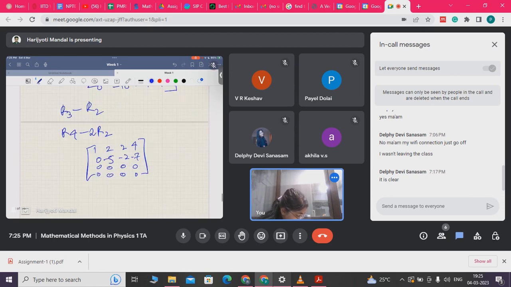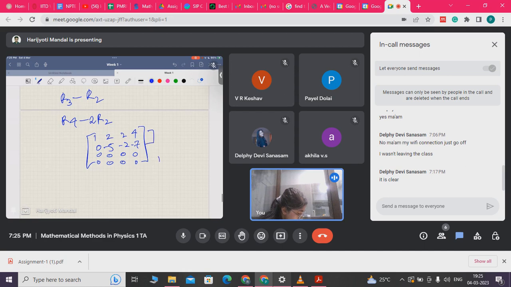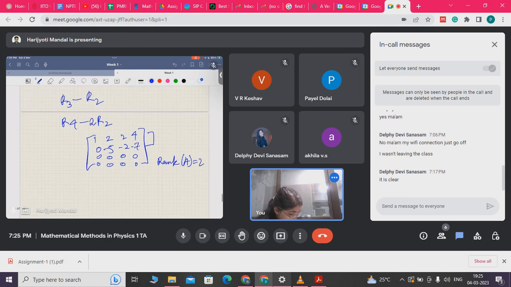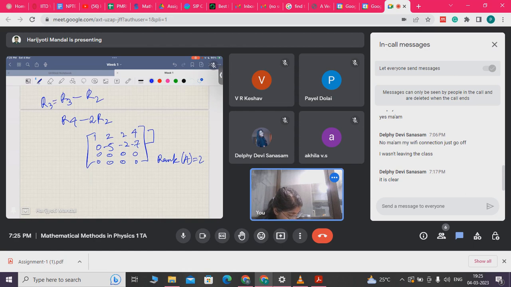So only 2 rows will survive. So the rank of the matrix is 2.